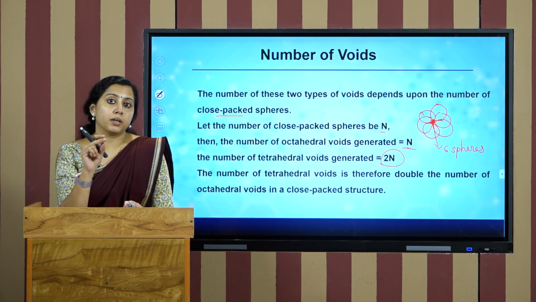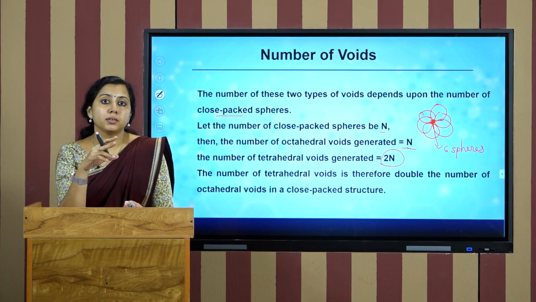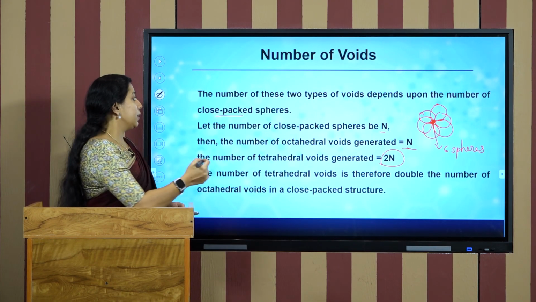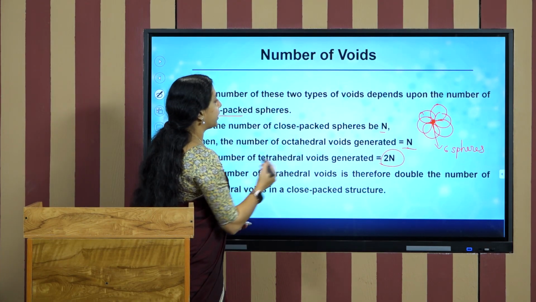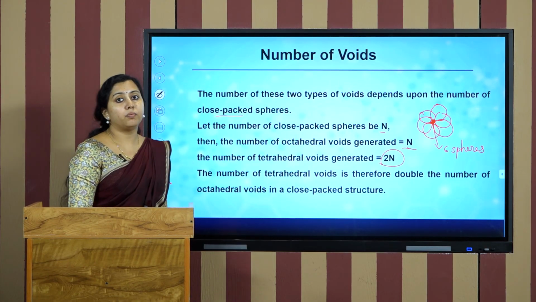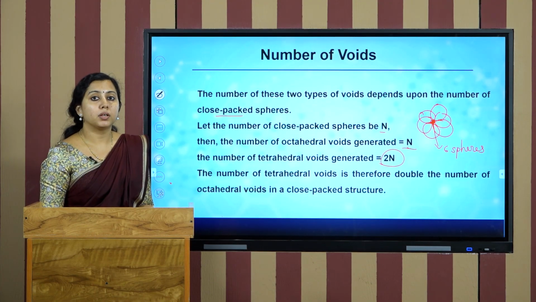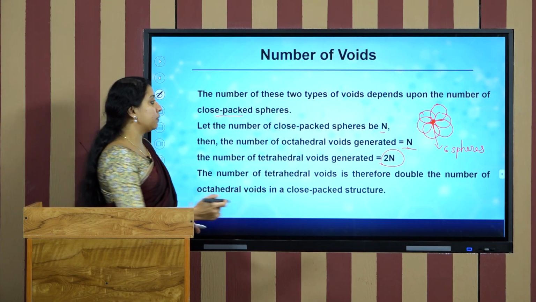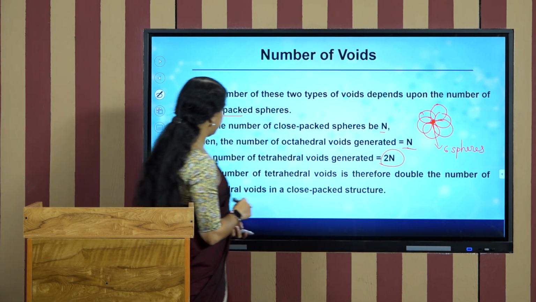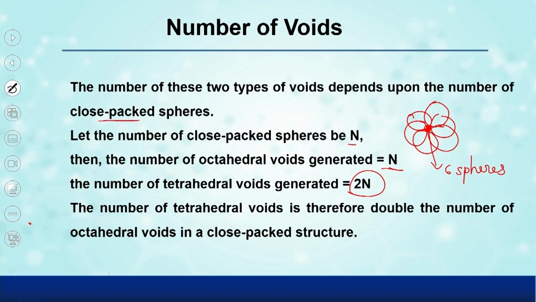So, each sphere will be surrounded by 8 tetrahedral voids. So, the number of tetrahedral voids generated will be equal to twice the number of close packed spheres, that is 2n. And the number of tetrahedral voids, as you can see here, is double the number of octahedral voids in a close packed structure.